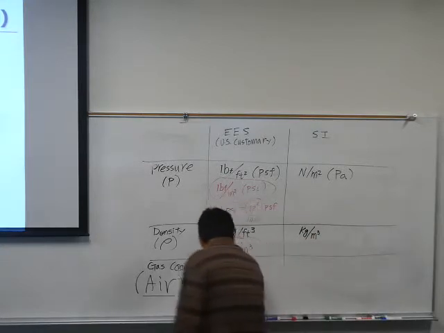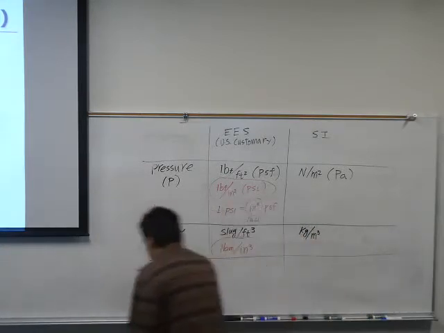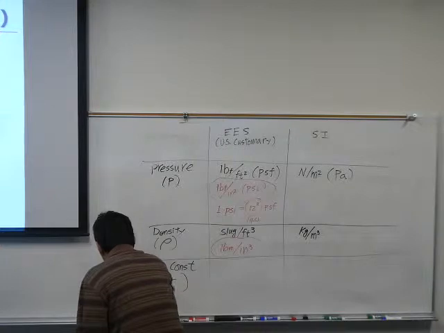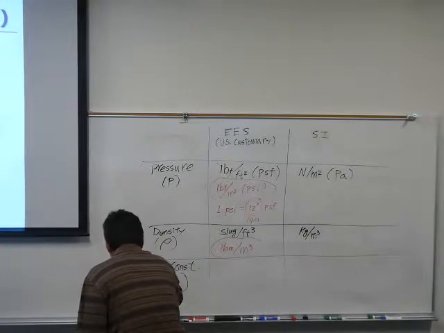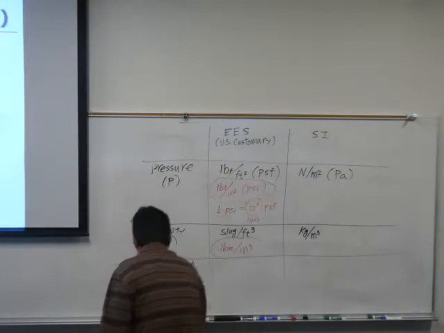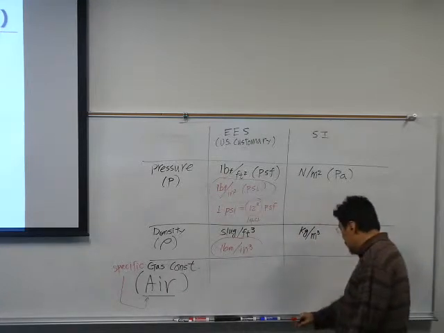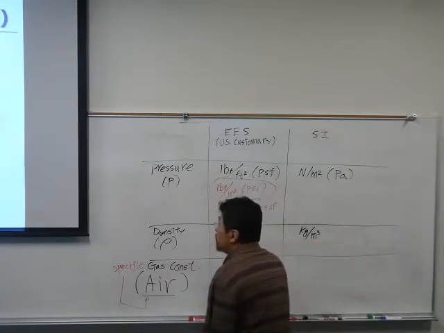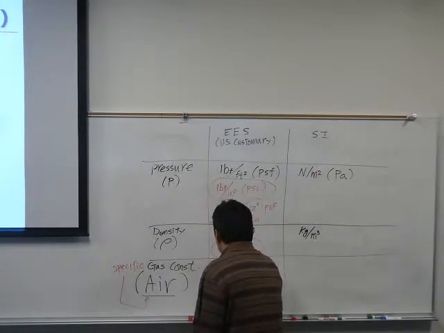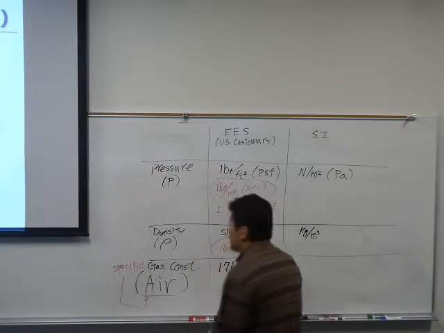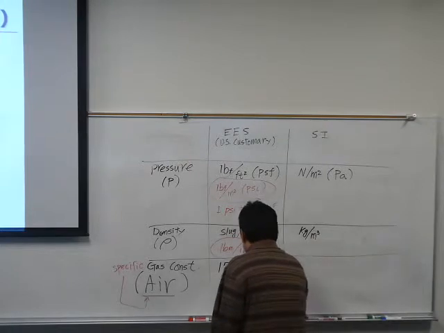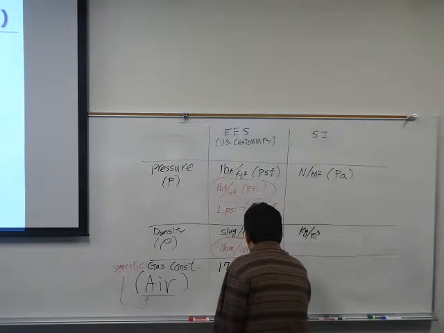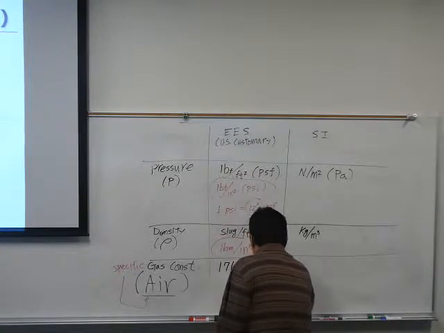So this is oftentimes called specific gas constant because it's specific only to air. So if you're talking about standard air, gas constant is 1716. Unit is foot pound per slug Rankine.